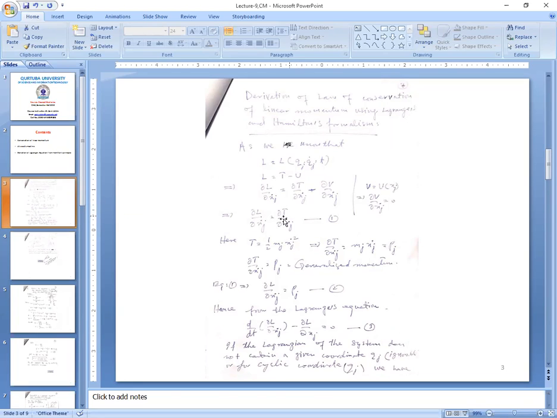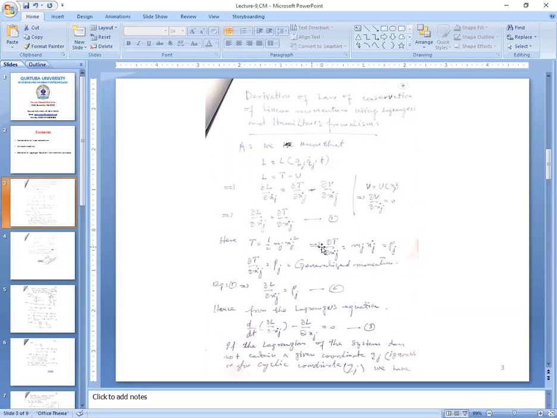So this equation is reduced to equation number one, and also the kinetic energy is equal to half m j x dot j square. X dot j is the generalized velocity of the jth particle, and m is its mass.